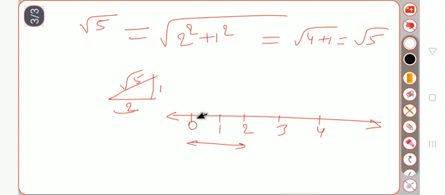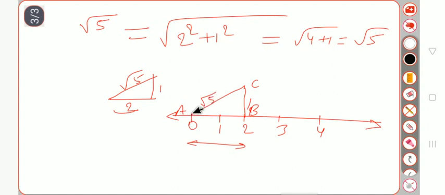Suppose this point is A and this point, 2, is B. Now take 1 unit perpendicular at B, that is at 2. Suppose this is the perpendicular of 1 unit. Now join AC, suppose this point is C. This AC will be equal to root 5.